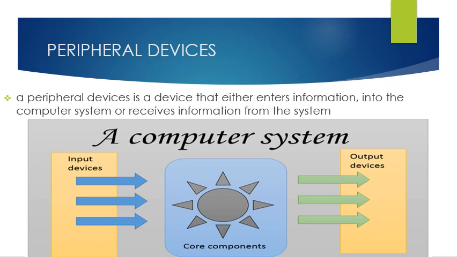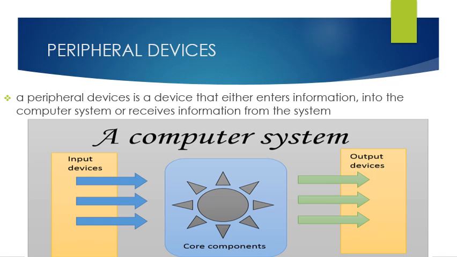A peripheral device is a device that either enters information into the computer system or receives information from the computer system. With the help of this diagram, we are to understand that a computer system has an input device and output device.